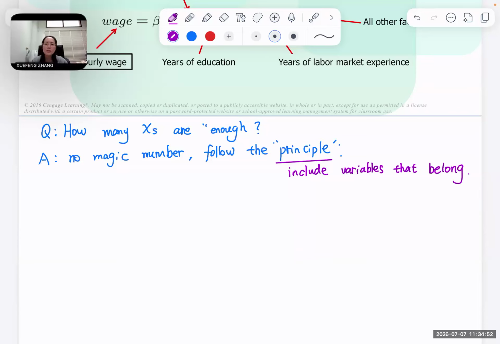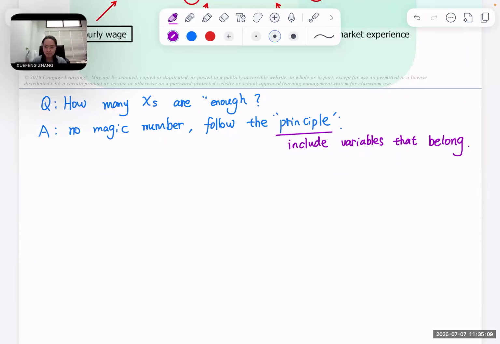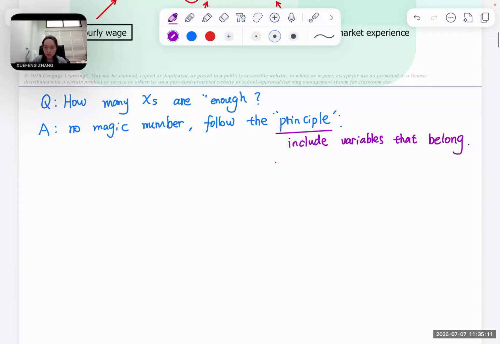What does it mean, belong, right? What does it mean? Okay, it means if a variable xj belongs in your model, both of these are true. The first one, it affects y, which means it's economically relevant.